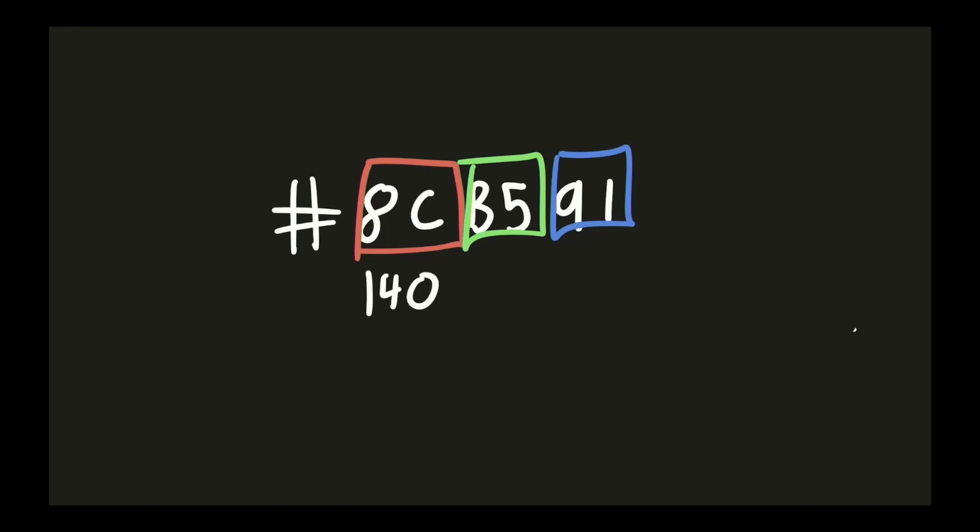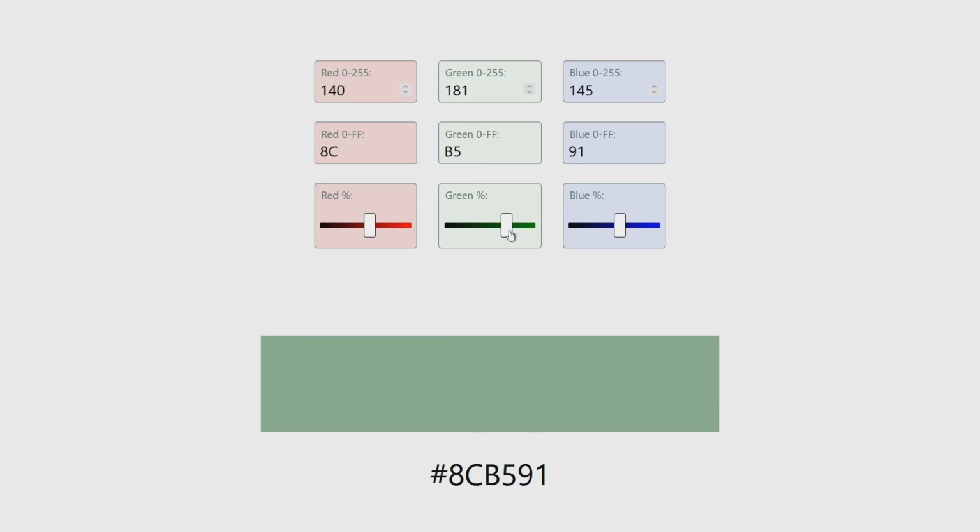I don't have that memorized. B5 is 181. Now I'm checking my notes, and I'm confident that that is 145. And that's between 0 and 255. So that is the red, green, and blue values that make up some color that happens to be a desaturated greenish color. This color. There it is.